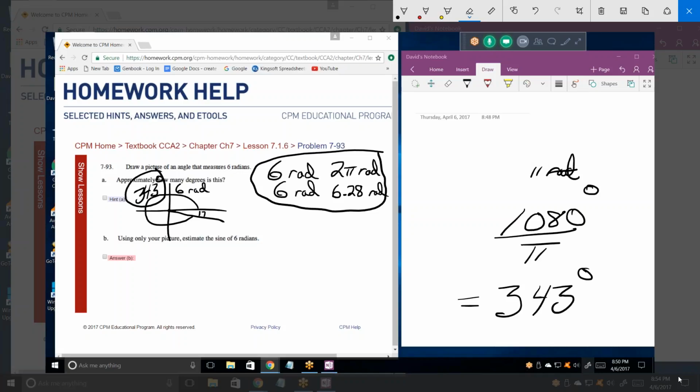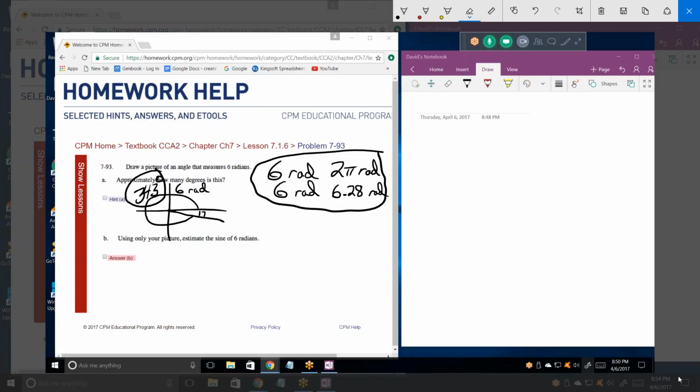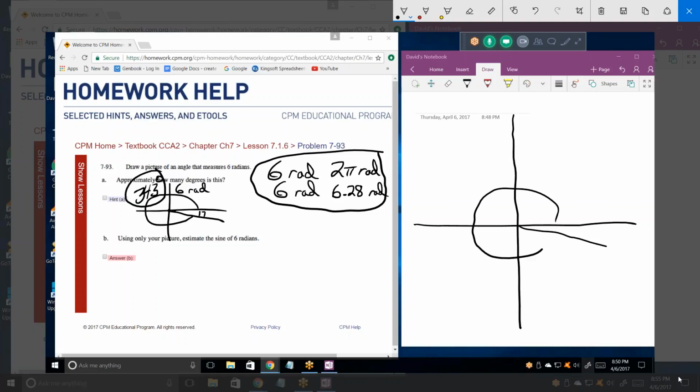Let me redraw the picture a little bit bigger over here. How much time we got? We got 6 minutes here. There's my angle, all right? That's 343 degrees.